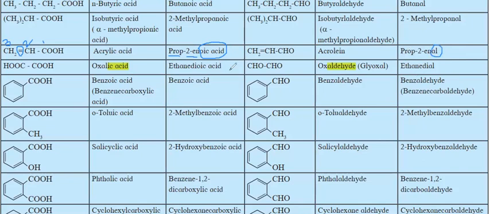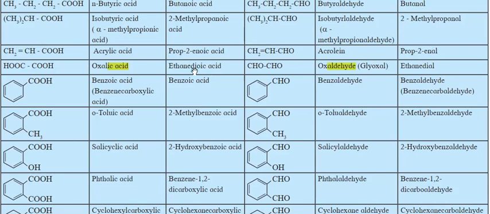Okay, then the next one, ethane dioic acid. There are 2 carbons, so ethane, and there are 2 COOH groups. Here the E is not removed; see, it is sustained. Similarly for aldehyde, first we will see carboxylic acid. For 2 COOH groups, the E is sustained, and because of 2 COOH we use dioic acid.